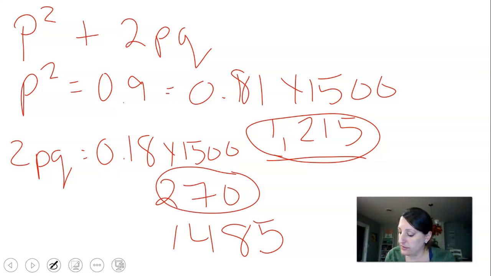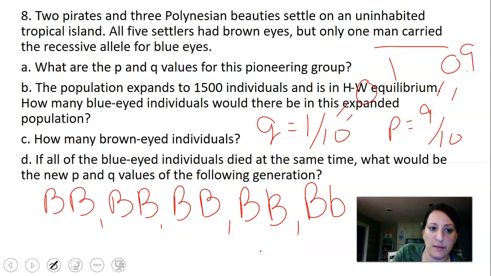So we answered questions A, B, and C. Here's the tricky part. In part D, back up a slide, it says if all of the blue-eyed individuals, so 15 people, died at the same time, what would be the new P and Q values of the following generation? Now this violates Hardy-Weinberg equilibrium.